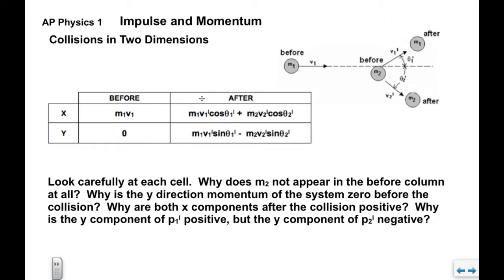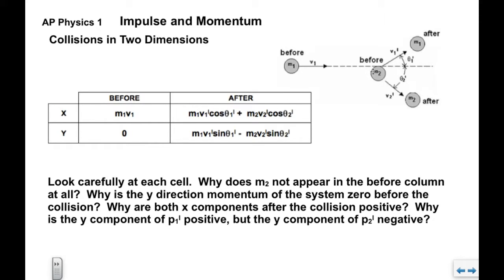Now, when we look after, it's a little more complicated. m1 v1 prime is m1's momentum after. It has an x component. That x component is to the right, so it's positive. m2 also has a momentum m2 v2 prime. It has an x component. There's my cosine theta 2 prime indicating the x component.